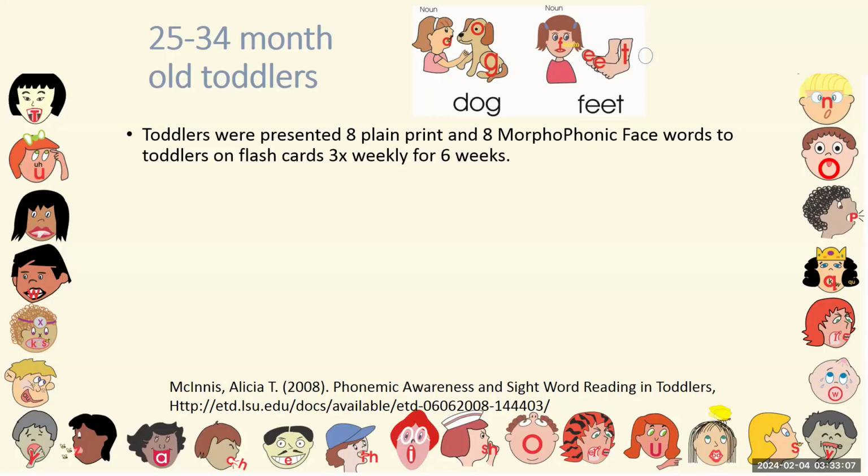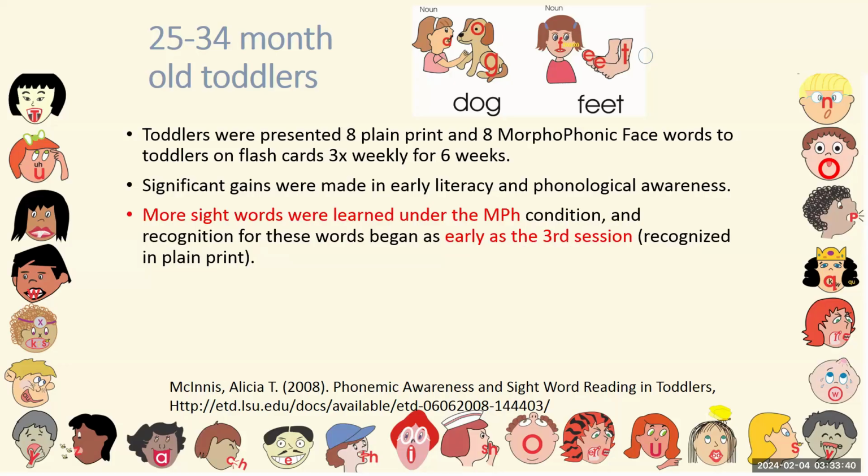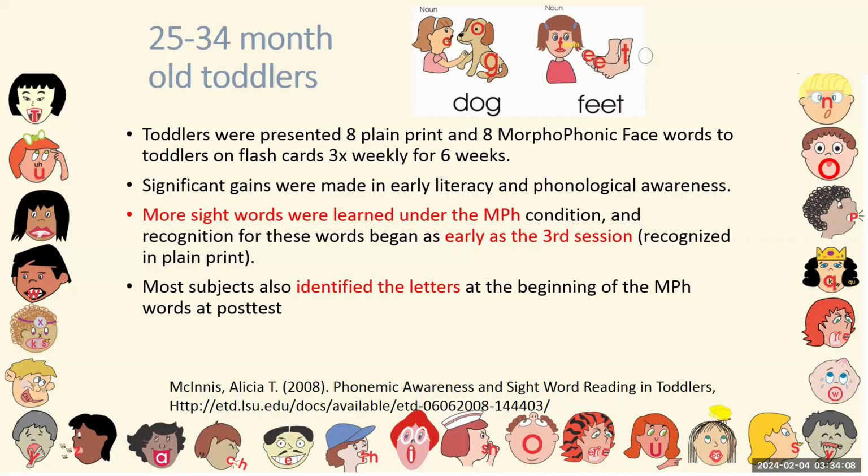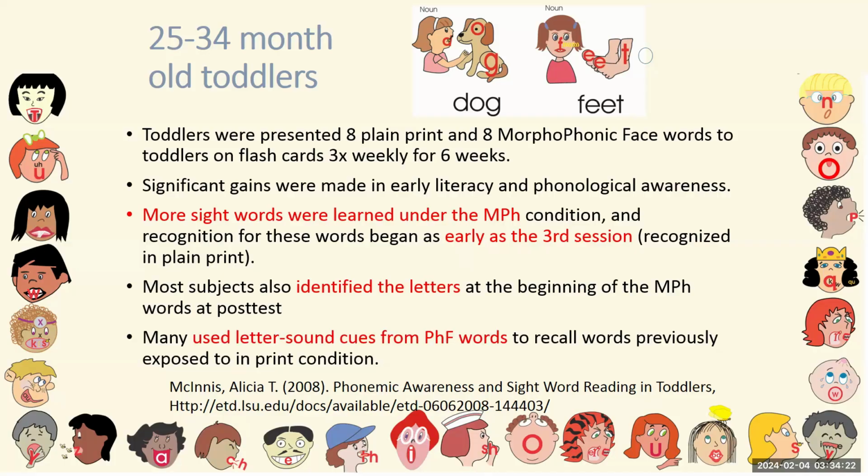So the letters are drawn into the shape of the word meaning. So it's both sound and meaning driven. More sight words were learned under the morphophonic condition compared to the plain print condition. Most subjects also identified the letters in plain print that they were exposed to. These findings suggest phonic faces can enhance sight word learning as well as the alphabet.